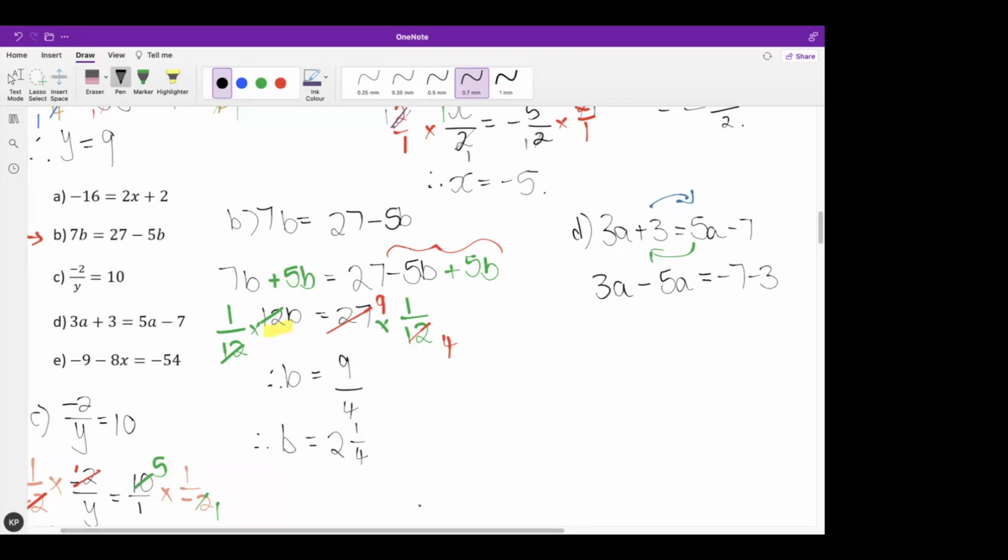So then what is 3a minus 5a? Negative 2a. Good, guys. Is equal to negative 7 minus 3, which is negative 10. Now we're doing the reciprocal. So we divide by what on both sides?